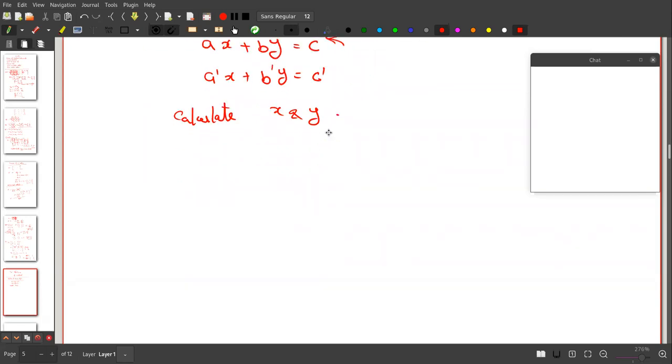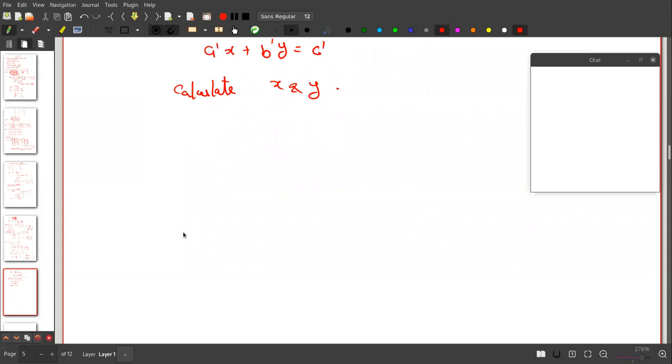Let's write it a bit more lengthy way. Instead of x and y, I'm writing x1, x2, x3, because I want to use more variables.